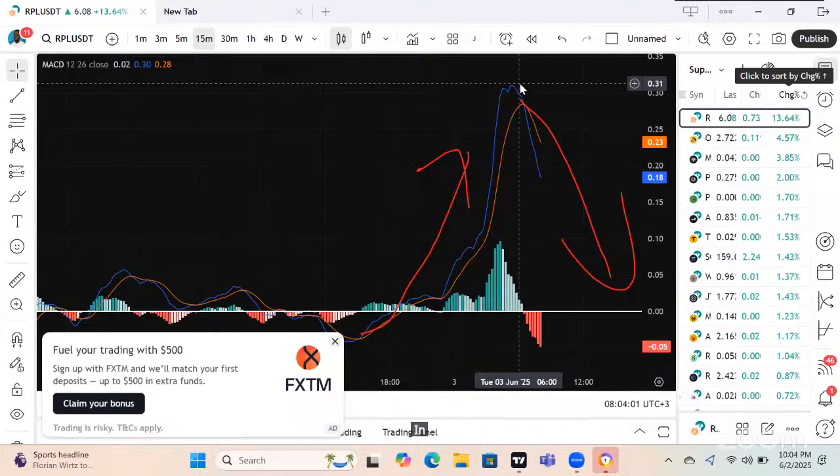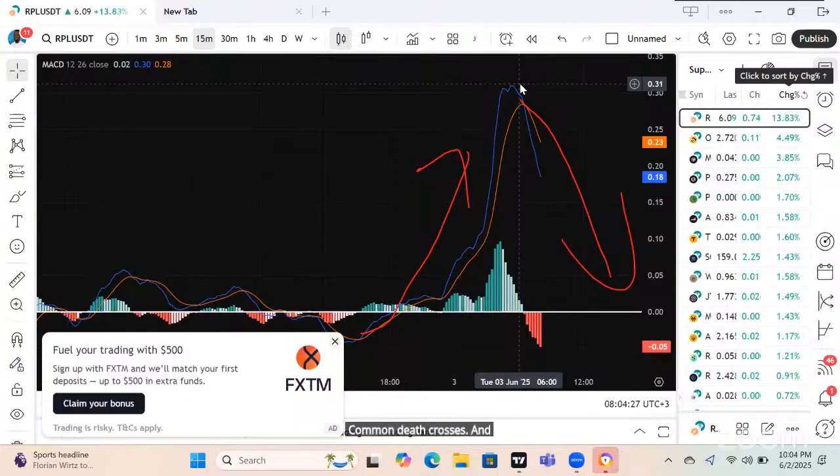In most cases, common golden crosses happen below the zero line. On the other side, common death crosses happen above the zero line. It's my message home.